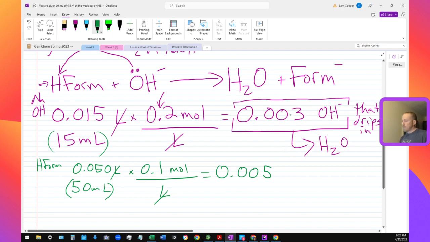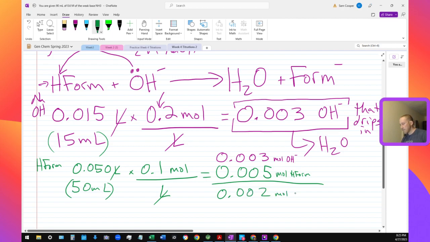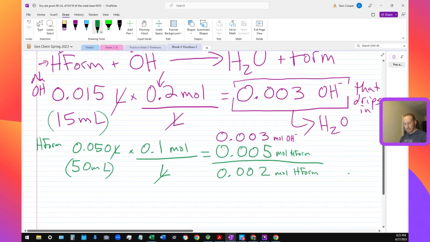So if we are introducing 0.003 moles of OH minus, and every single mole of OH minus will consume as much HForm as it can, that means we're going to leave behind that much formic acid.